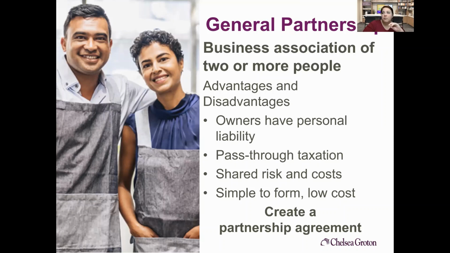The people that own the business are paying the taxes. So the partnership must file an annual information return with the U.S. Internal Revenue Service to report income and losses through operations, but it does not pay federal income tax. There's no specific tax form for this. You as the business owners are sorting all of that out with your tax person.